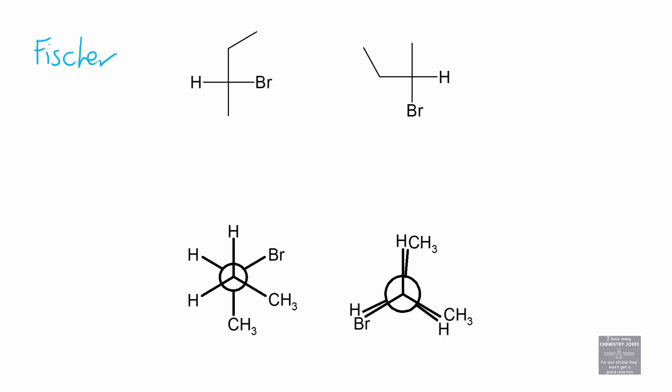They're drawn with everything as a straight line, like everything is all in the same plane, but we know that's not true. A Fisher projection has a bow tie across the middle. Every carbon center across a Fisher projection, every single one, has a bow tie across the middle.